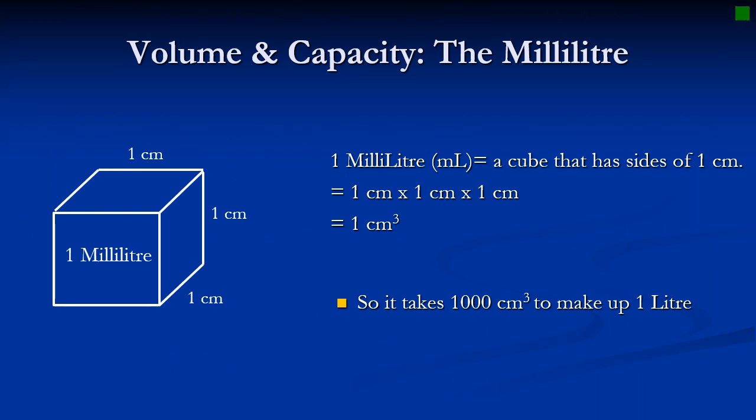So let's think about the milliliter. A milliliter is a cube that has a side of 1 centimeter. So in this case, it's 1 times 1 times 1. So 1 cubic centimetre is 1 milliliter. So it takes 1,000 cubic centimetres to make up 1 litre.